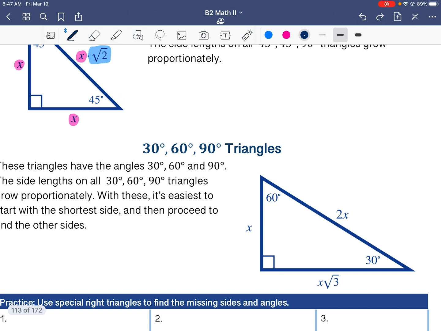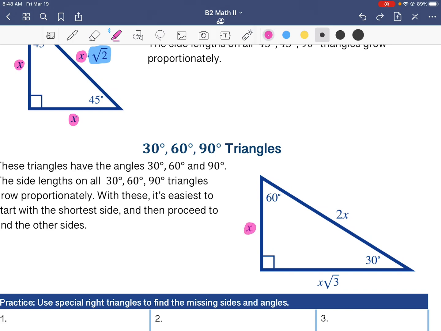The other option we have here is a 30, 60, 90 triangle. This is also a special right triangle. This is not an isosceles. Technically, it's a right triangle, and it's scalene because it doesn't have any sides the same or any angles the same. So this one's a little trickier.